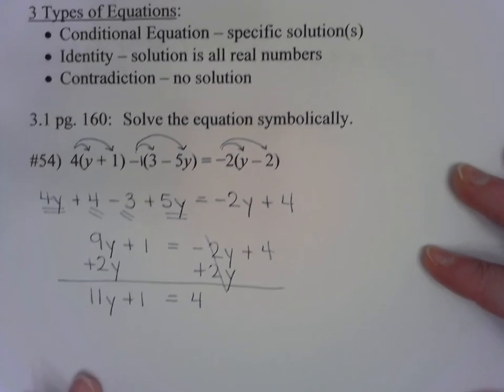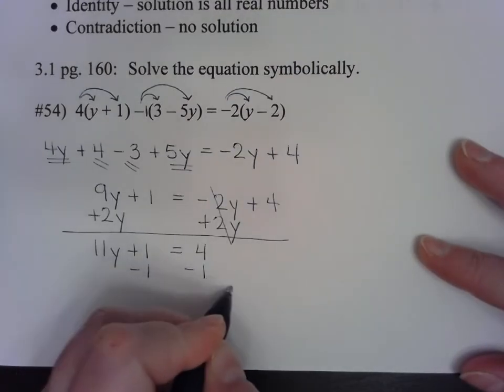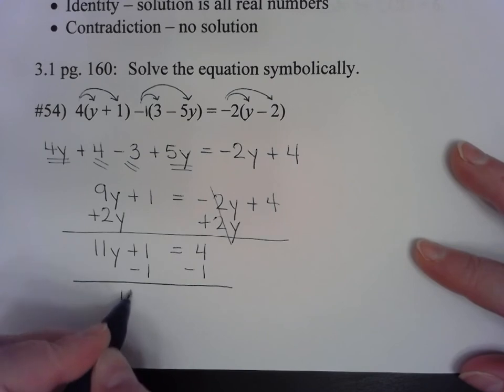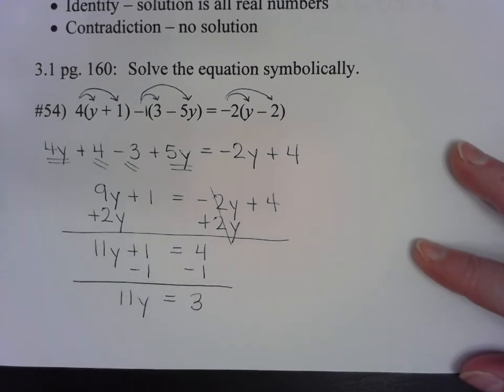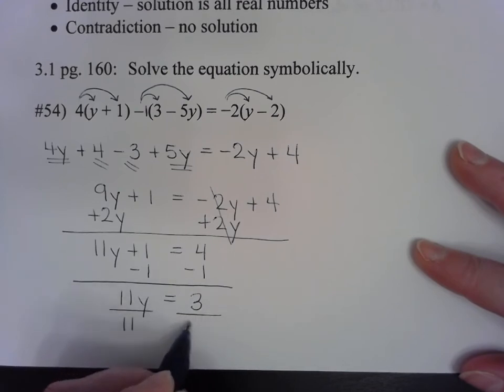All right, you could probably have done this in fewer steps maybe, but I thought I'd break it down today. All right, so then we're going to subtract 1 from both sides. And to get y by itself, right now it's multiplied by 11, so we're going to divide both sides by 11.